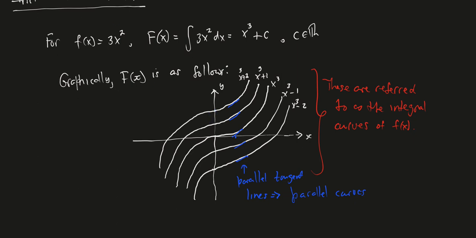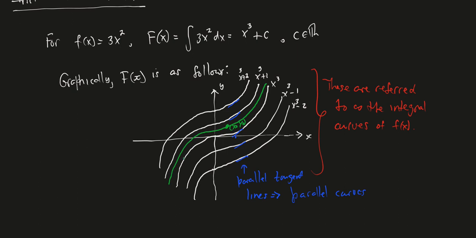So suppose I wanted the integral curve that was somewhere here, and let's say I know that it passes through a specific point, x0, y0, right?